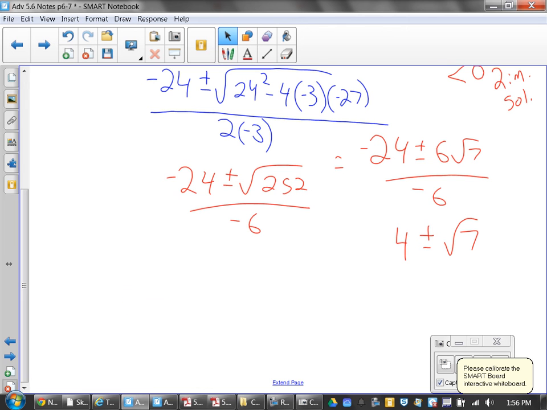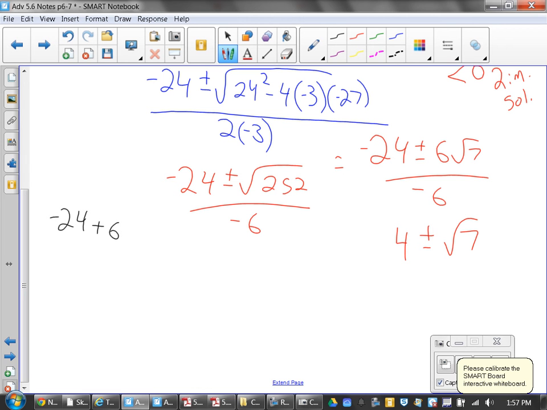So on every single one, the plus and minus doesn't matter? No. Let me rephrase that. You have to have plus and minus because you're taking a plus or minus a square root. When you're dividing by a negative, remember what is really happening here. You have two answers: negative 24 plus 6 root 7 over negative 6, and negative 24 minus 6 root 7 over negative 6.